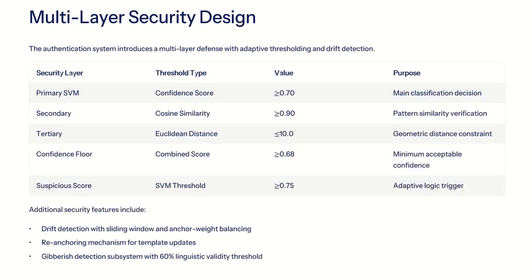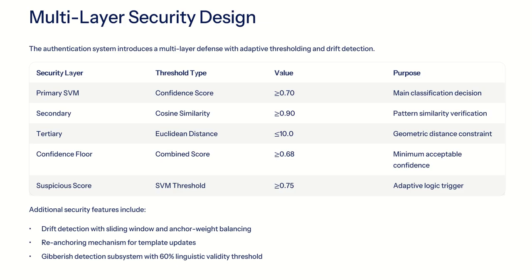So the system includes multi-layer security, which includes these parameters and security measures: the confidence score, which is dependent on the support vector machine, cosine similarity, which identifies pattern similarity, and Euclidean distance for measuring distance between feature vectors.